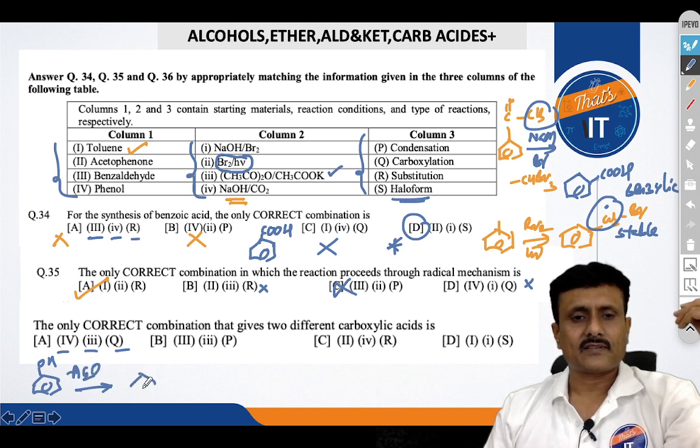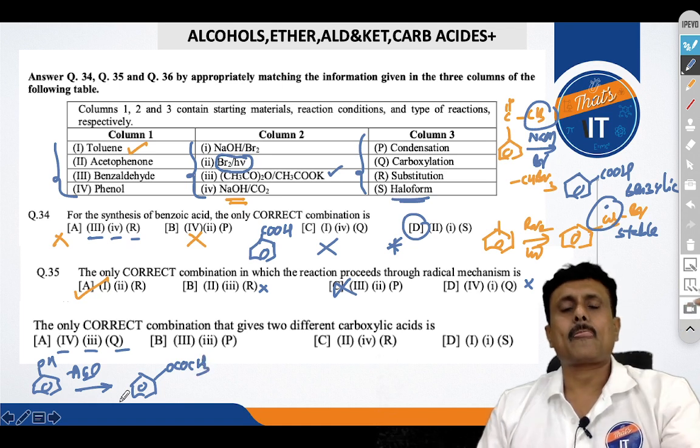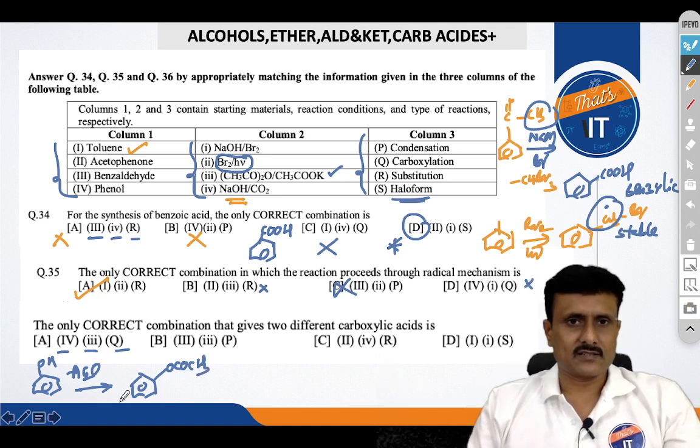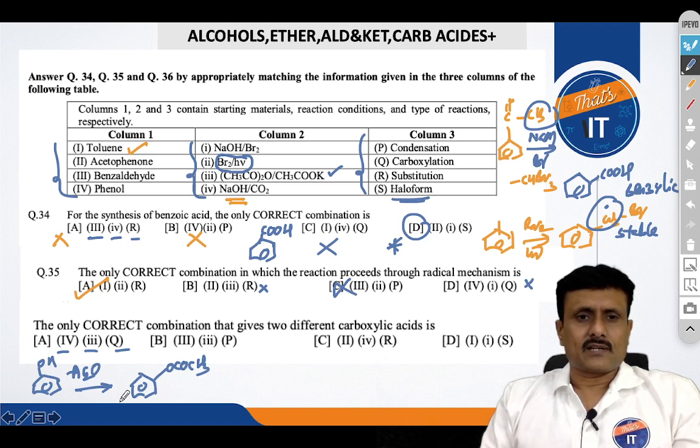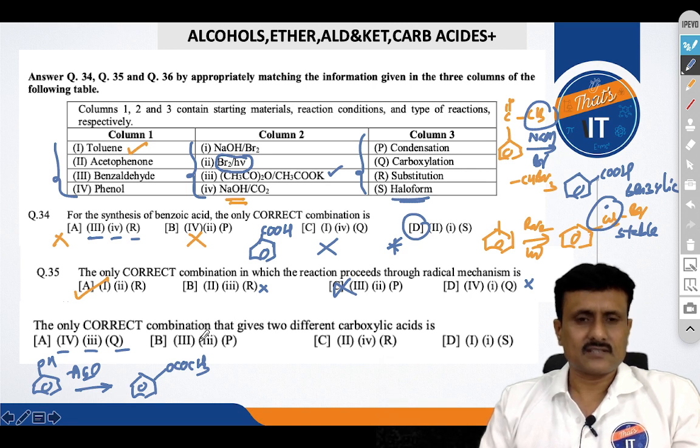Ac2O acylation gives rise to what? OCOCH3. This is the Schotten-Baumann reaction, where carboxylic acid is not prepared, isn't it? Q, carboxylation should take place, no? Next, let's see the next option.